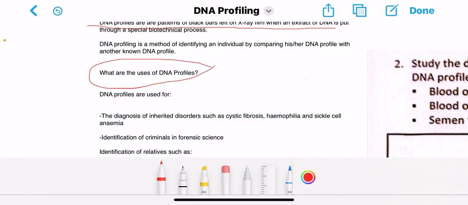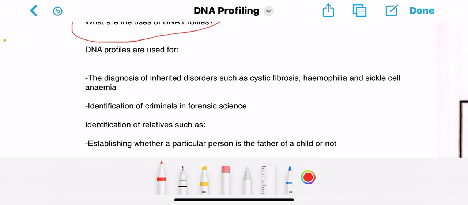DNA profiles are used for the diagnosis of inherited disorders such as cystic fibrosis, hemophilia, and sickle cell anemia. So mainly DNA profiles can be used to check where you inherited a certain disease. Let's say you have a certain sickness and you go to the hospital.